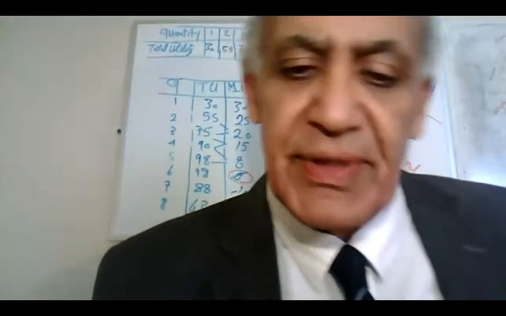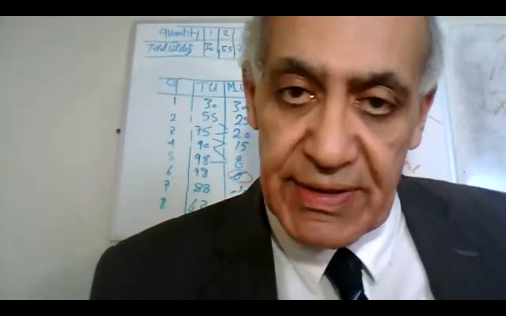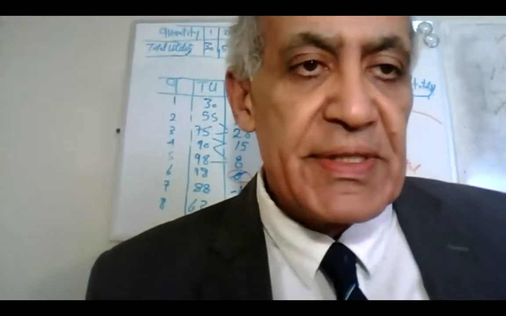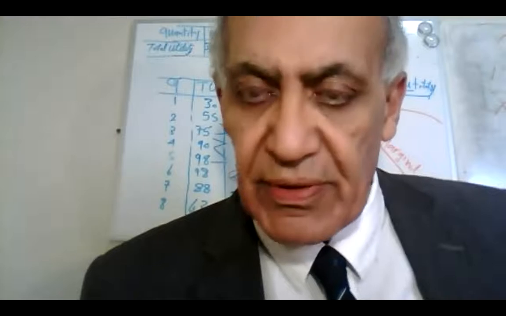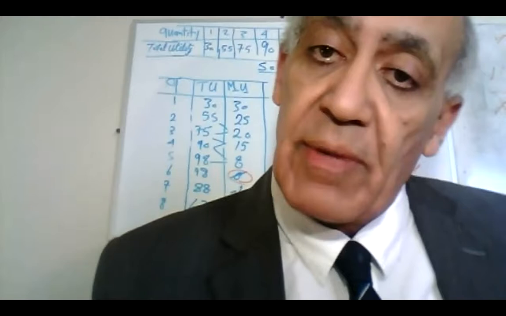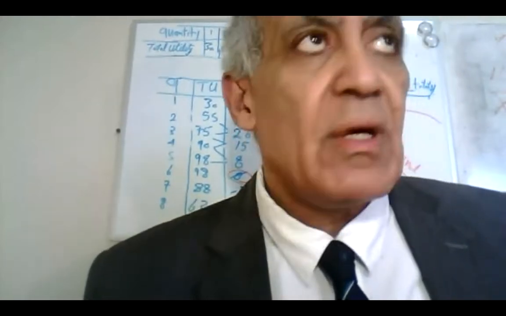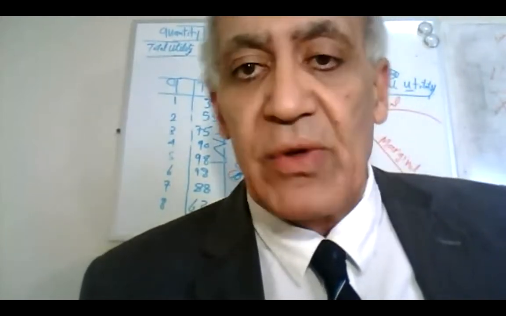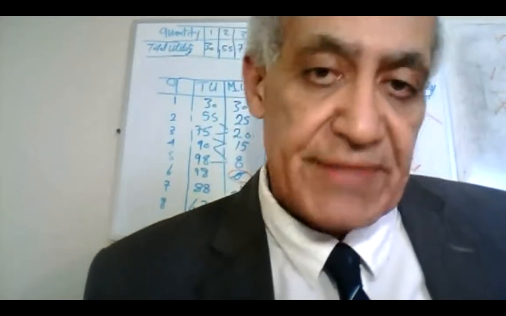Today we are going to talk about the rule of maximizing utility. This is the third video on the utility topic. We talked about the marginal utility and the total utility. We said that the total utility is all the benefits and all the satisfaction which you will get from the consumption of goods and services.